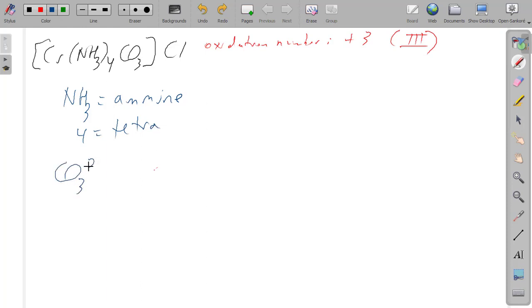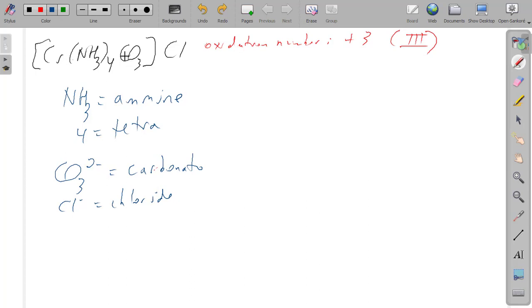And then we have the CO3 2 minus, which is carbonato. By the way, the Cl is chloride. Inside of the coordination sphere, amine comes before carbonato.